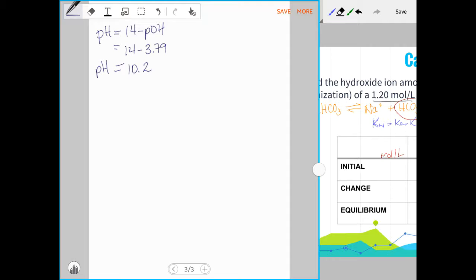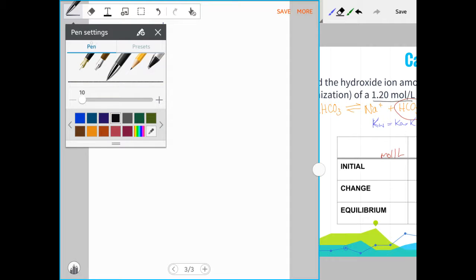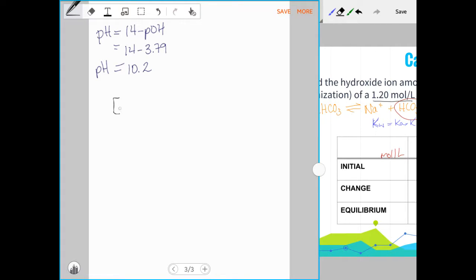Okay, and when we go to calculate the percent reaction, essentially what we're doing is we're looking to see how many hydroxide ions are present. So how much hydroxide was created as a percentage of our initial base.